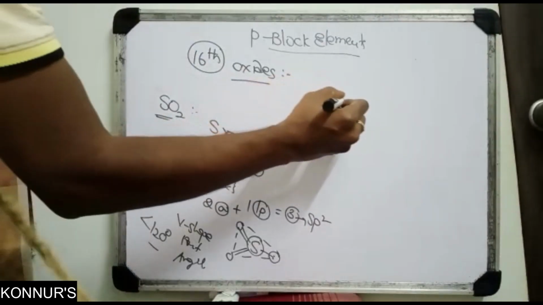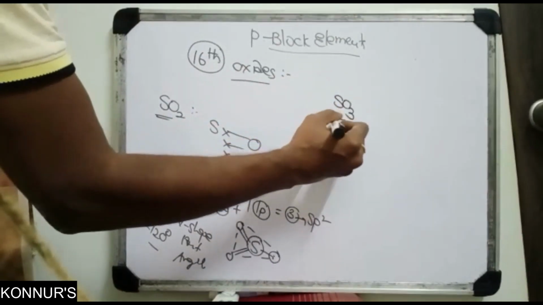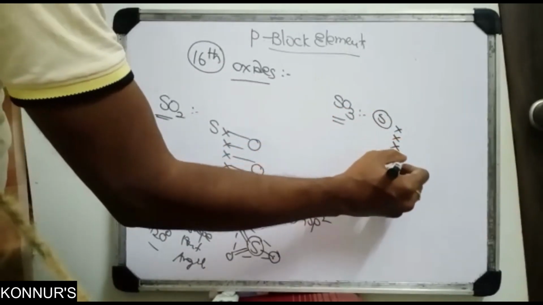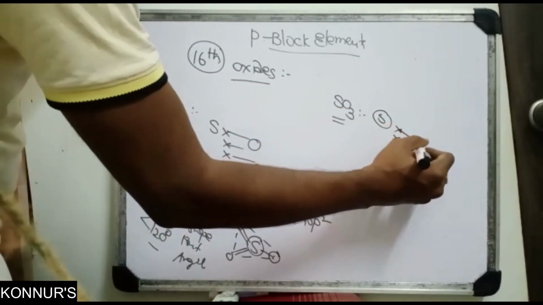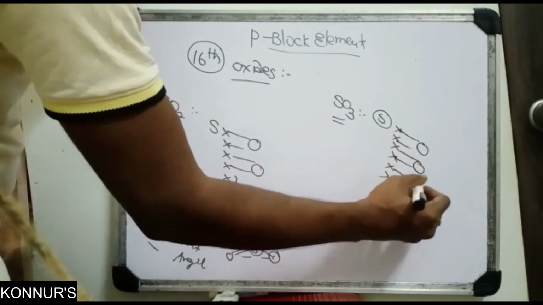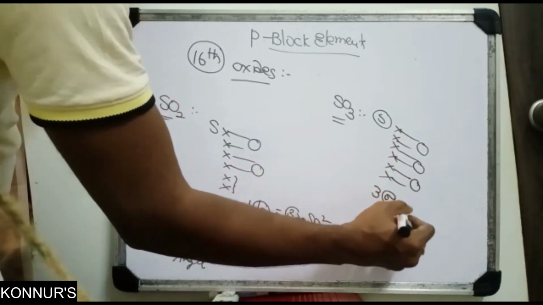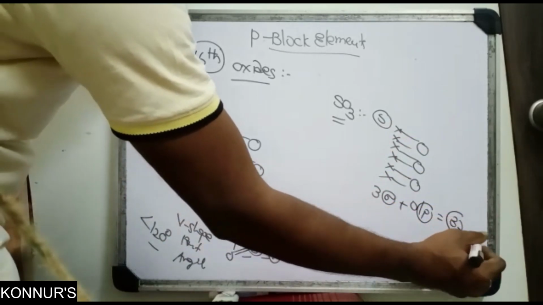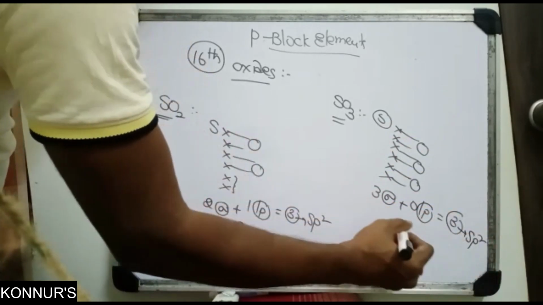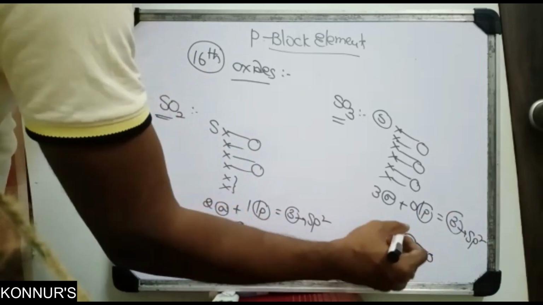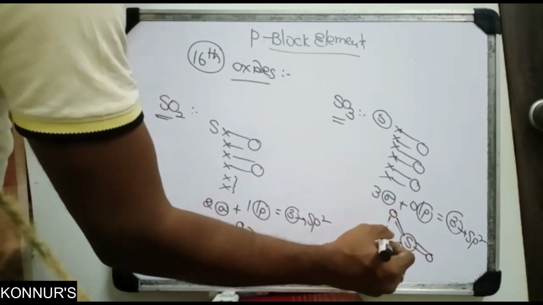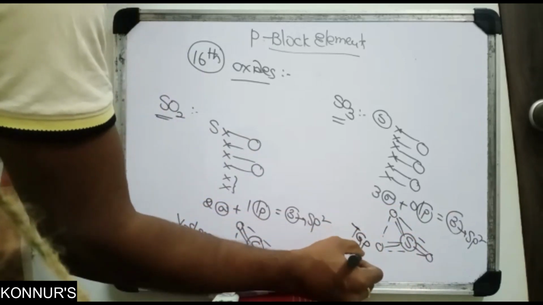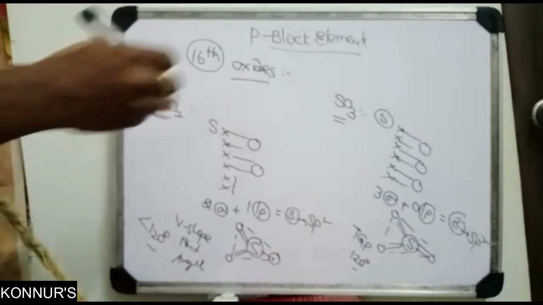Next, SO3. Sulfur is 6th group, you write 6 electrons. In that, 1 O, second O, third O. So 3 sigma bonds, 0 lone pairs. So the number is 3, and 3 means sp2. Seeing the 3, you write 3 bonds, double bond O, double bond O, double bond O. So you are getting trigonal planar, and the bond angle is 120.